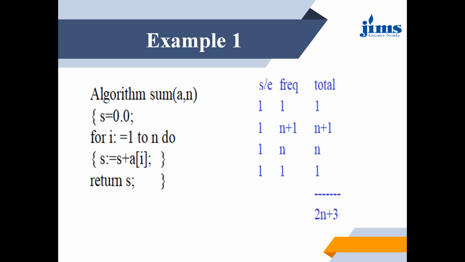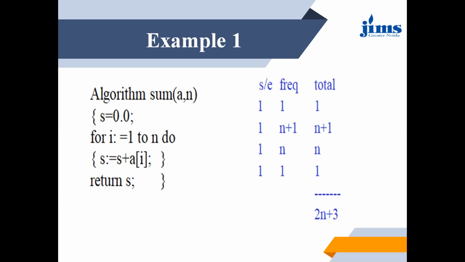But the for statement will execute 3 times. So in this manner, for i equals 1 to n, this statement will execute n plus 1 times. Now the statements inside the loop will be executed one time less.